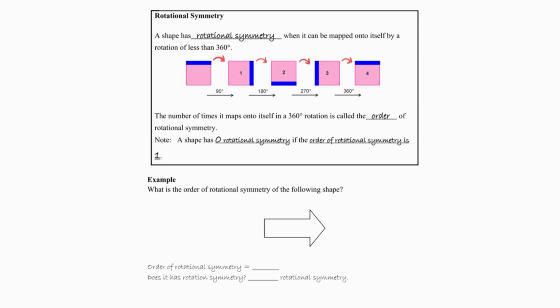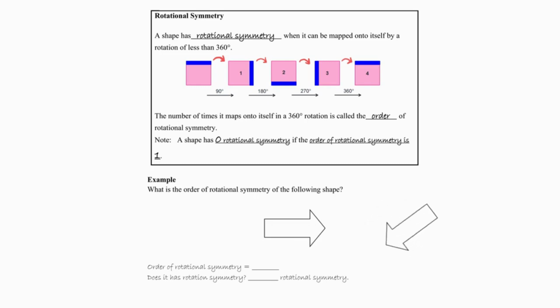So for this example, what is the order of rotational symmetry for the following shape? As I turn this shape, I'm going to just cut this out and rotate it.